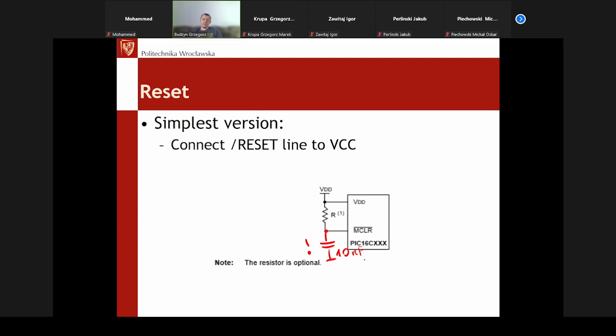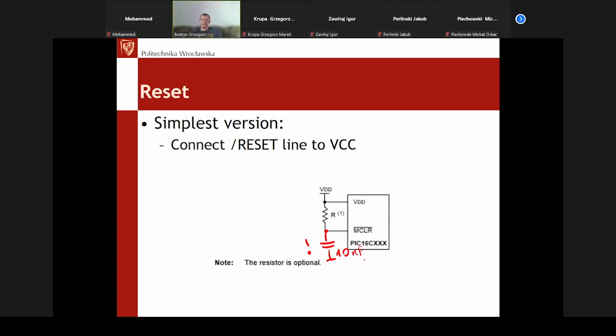Why do we need this capacitor here, and not even the resistor? The capacitor is to dampen the spikes that may occur on the inputs, on the pins of the microcontroller, especially on the reset pin during normal operation, especially in the presence of strong electromagnetic fields, like, for example, motors.